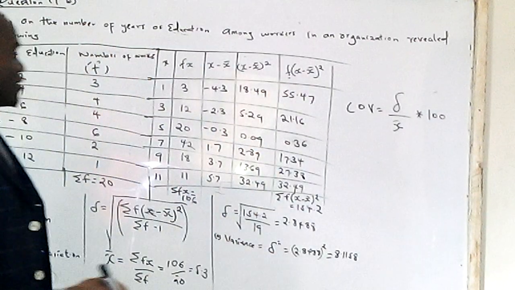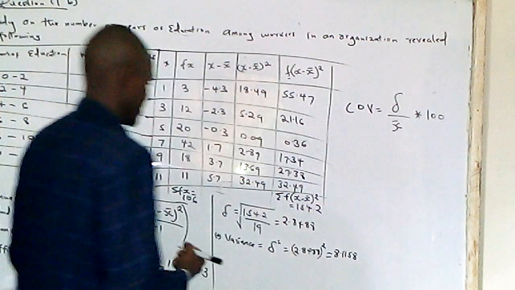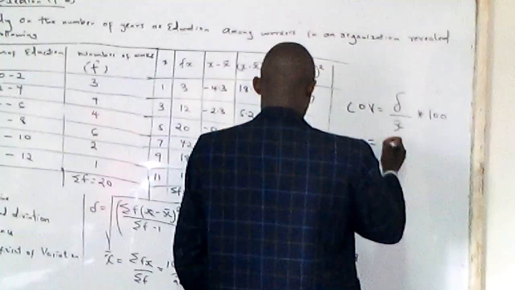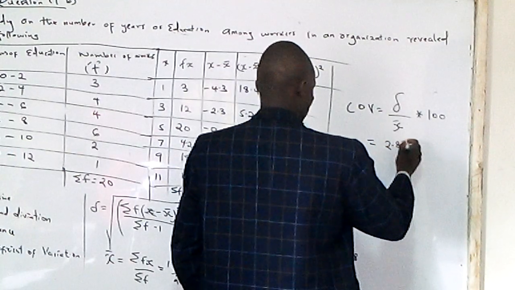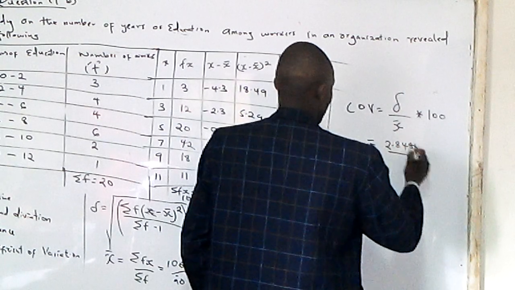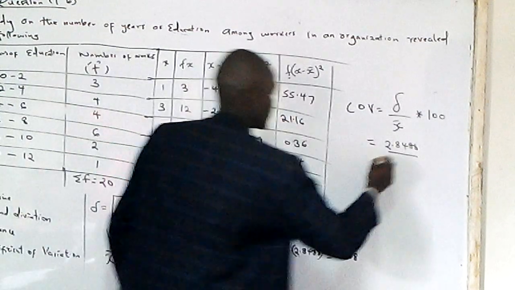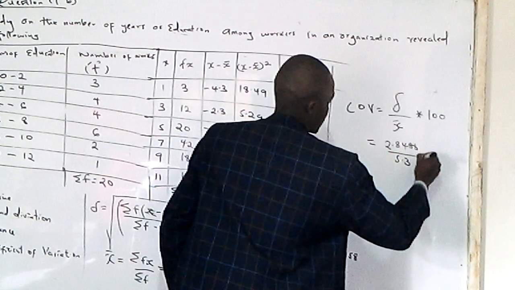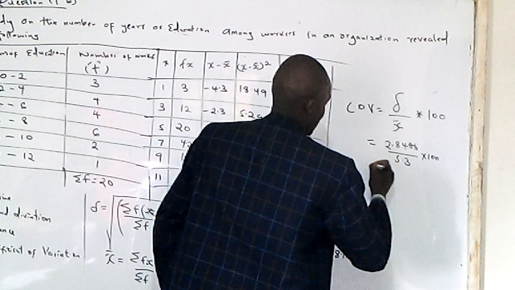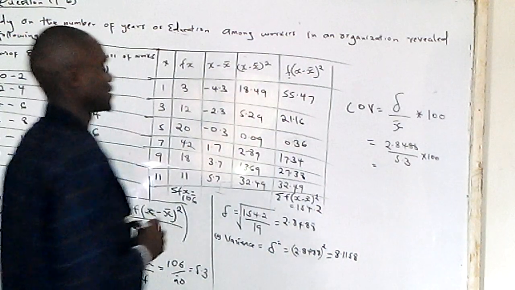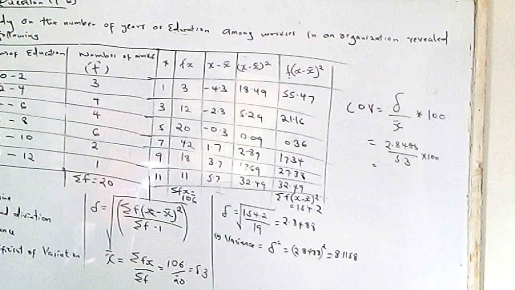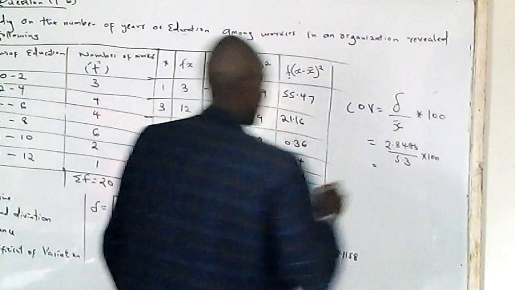Mean is 5.3, so you get 2.8488 divided by 5.3, times 100. You get your answer as 53.75.